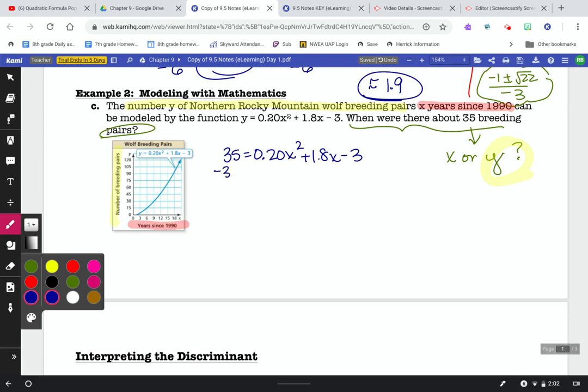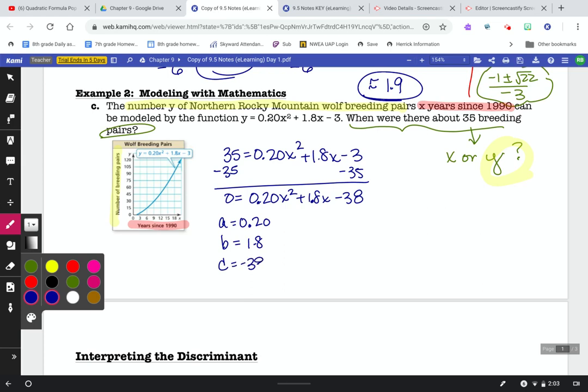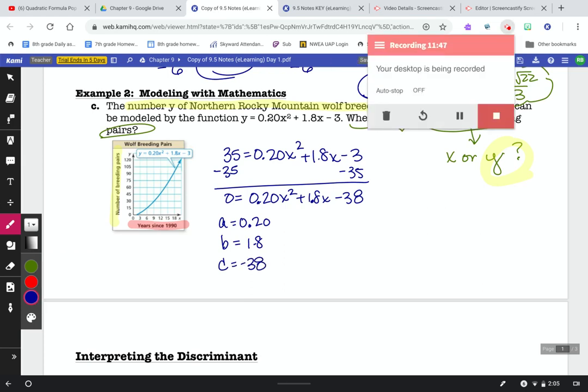So let's subtract 35 on both sides. 0 is equal to 20/100 x squared plus 1 and 8/10 x minus 38. And then from here, our A is 2/10 or 20/100, our B is 1 and 8/10, and our C is negative 38. So now we're going to plug this into the formula.